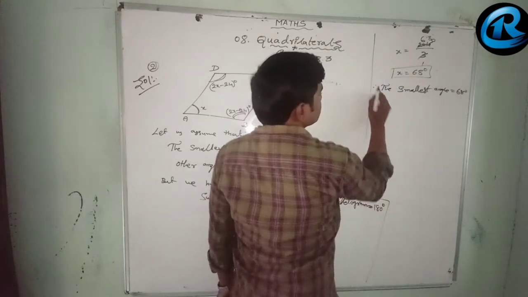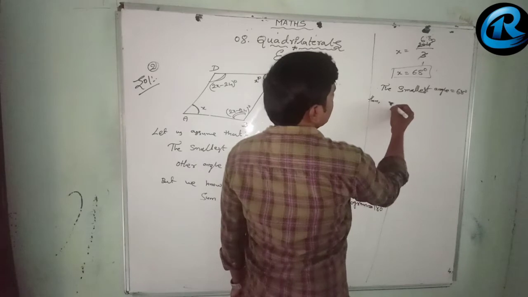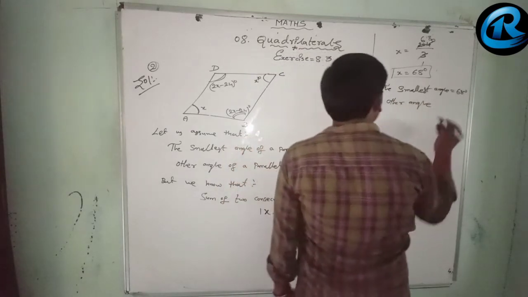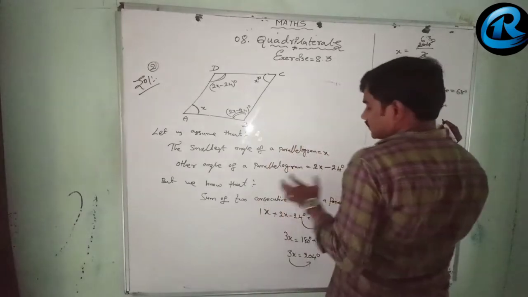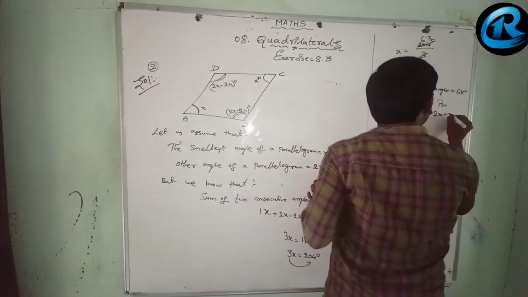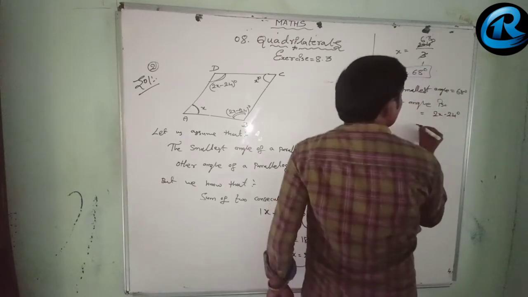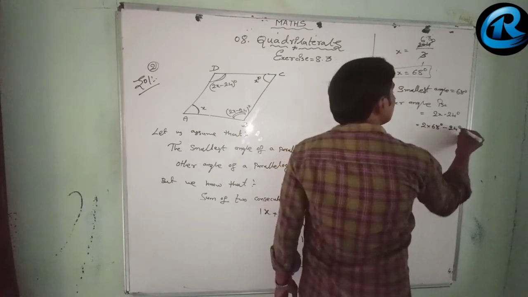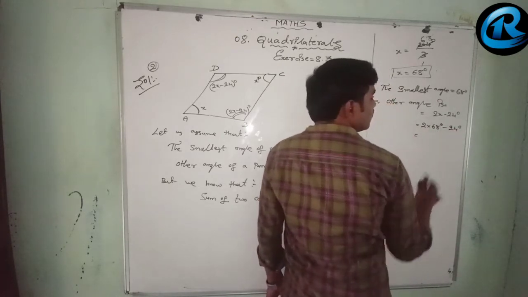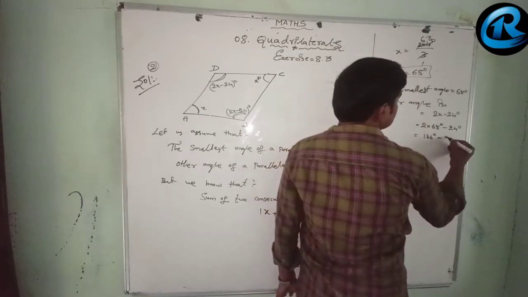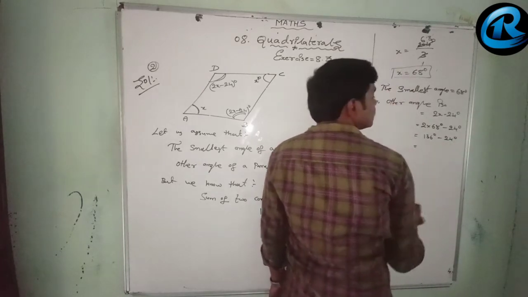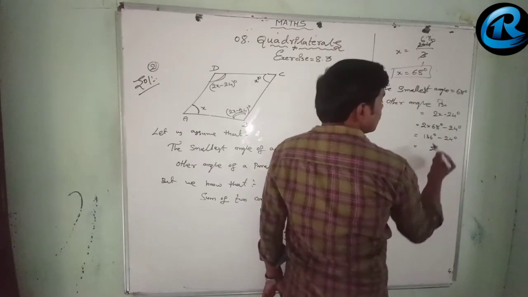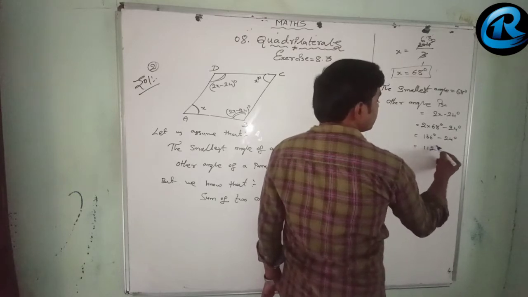Therefore, what is the other angle here? 2x minus 24 degrees. 2 into x is nothing but 2 into 68, which is 136. 136 minus 24 degrees. Now 6 minus 4 is 2, and 13 minus 2 is 11, so 112 degrees.